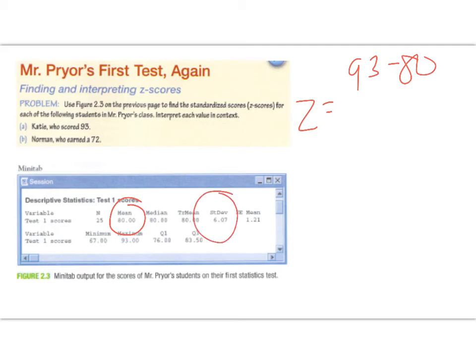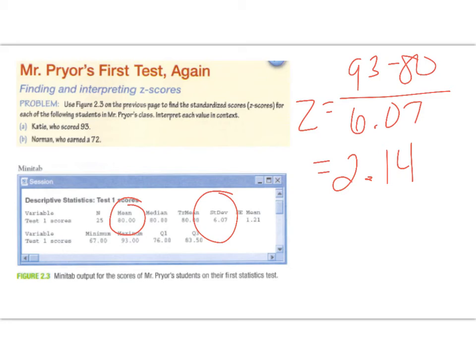So it's her score minus the mean divided by the standard deviation. And what that gives us is a 2.14. So what that means is Katie's score of a 93 is 2.14 standard deviations above the mean for the test. Katie did a really good job. She's really high up there.